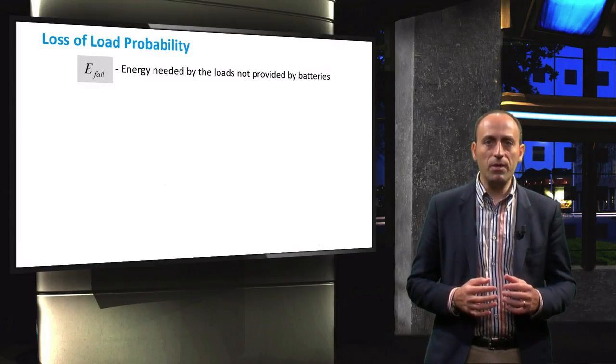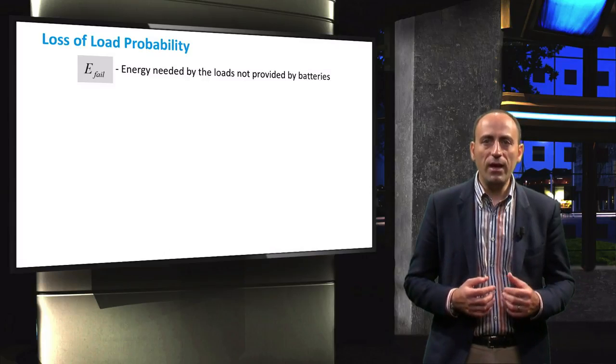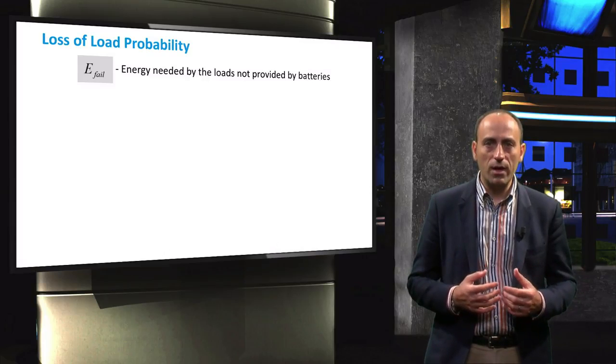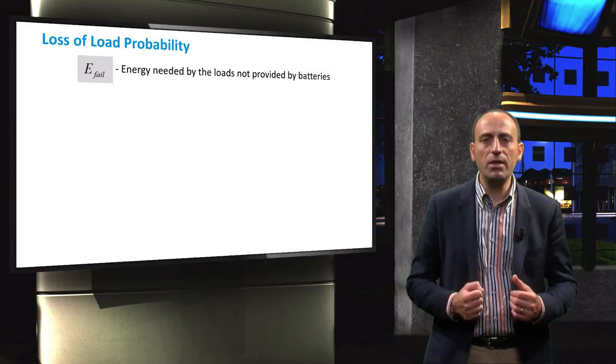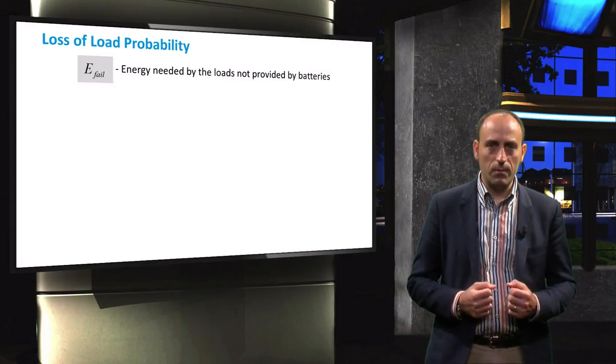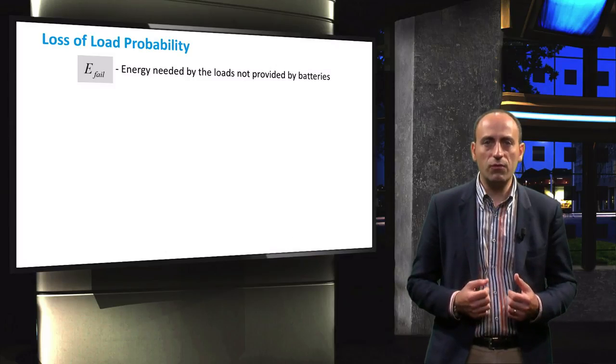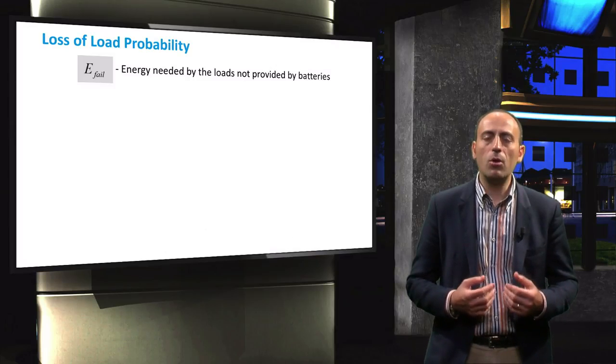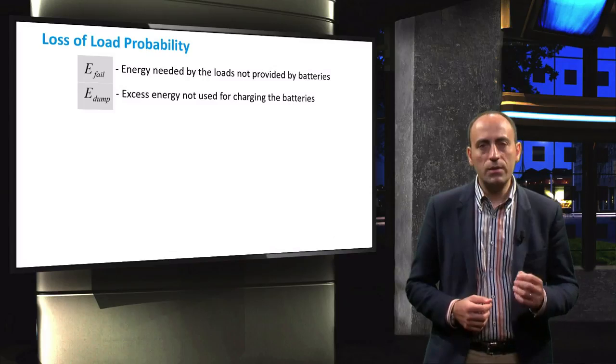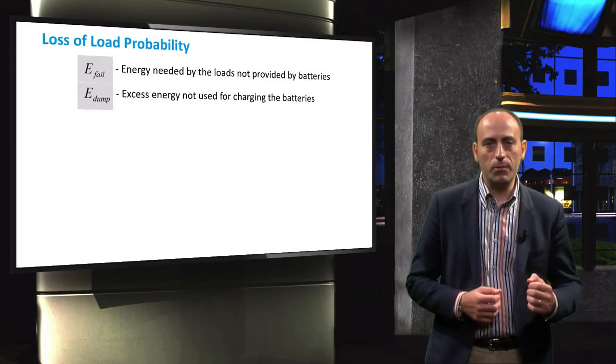The first parameter is the E-fail. E-fail is defined as the energy required by the electric load that cannot be delivered by the PV system. This occurs, for example, if there is no energy generation for a period longer than the number of autonomous days. The second parameter is the E-dump.